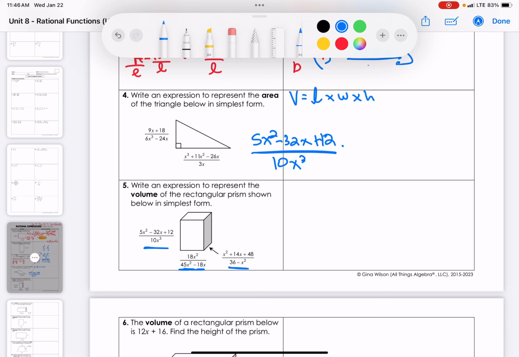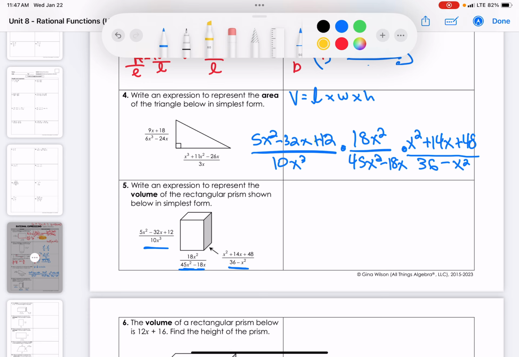Then I'm going to multiply that times 18x squared over 45x squared minus 18x, times x squared plus 14x plus 48 over 36 minus x squared. All right, I just see a lot of factoring, right? It looks like we've got to factor 1, 2, 3, 4 times. So there's some work to this.